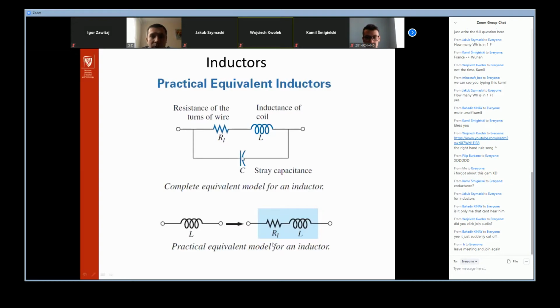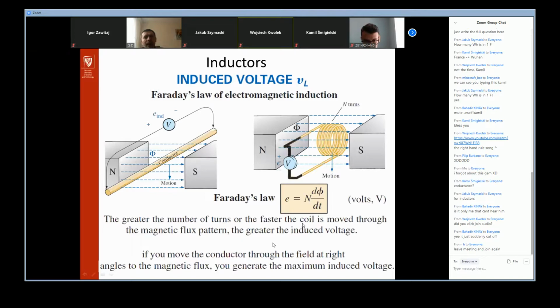However, it is so low a capacitance that in the practical equivalent model for an inductor we leave this stray capacitance out, and the inductor can be replaced by the equivalent model which consists only of R_L and L, and that's all.